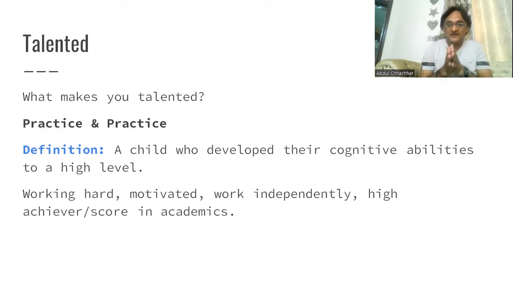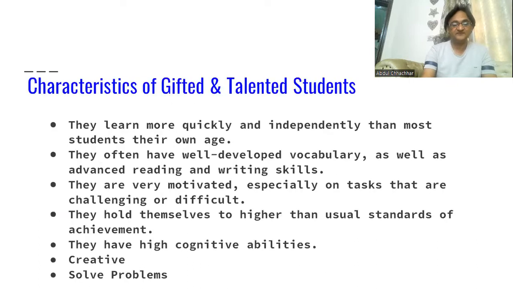So they love it and they are motivated, they work hard, they love to work independently, they are high achievers, and they have good attainment and progress as well. So these are the characteristics of gifted and talented students. They learn more quickly and independently than most students their own age.